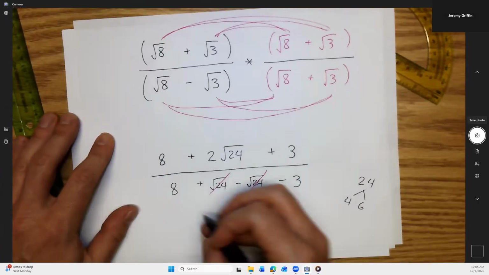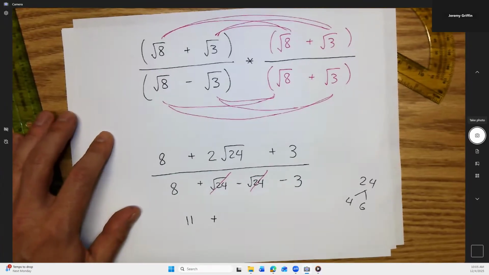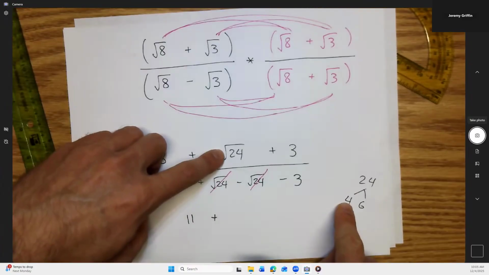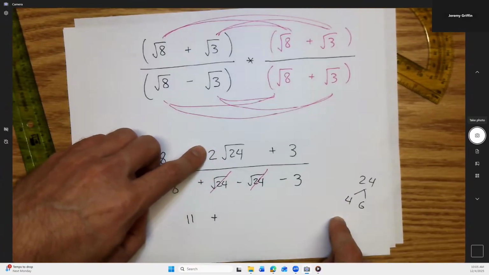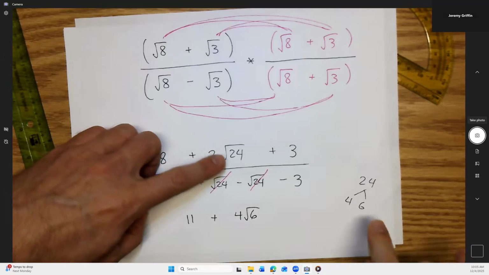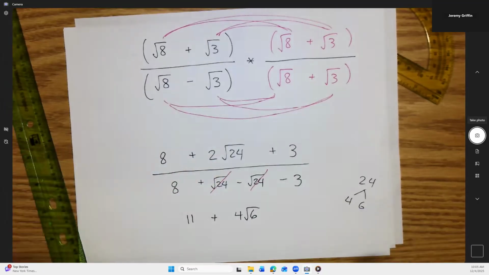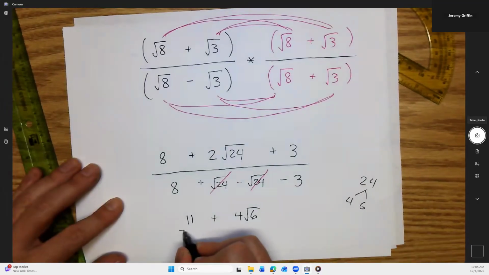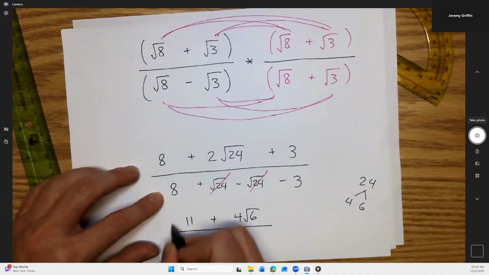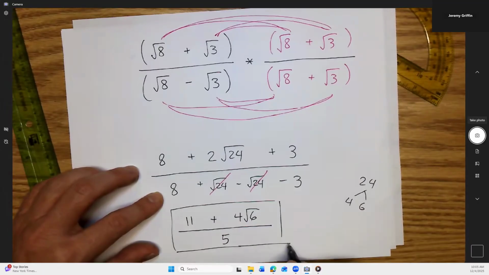Then plus, and this 4 inside the root comes out as a 2. It combines with this 2. What's 2 times 2? 4. There you go. 4 root 6, because the 6 is stuck inside. 6 is 2 times 3. Over 5. There you go. That should be the answer right there.